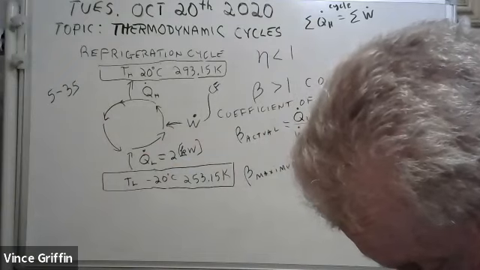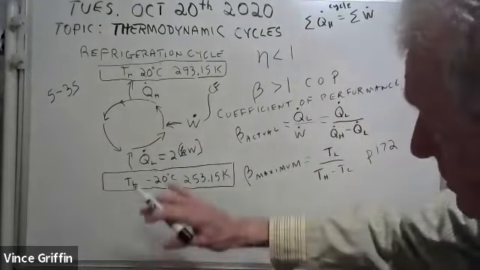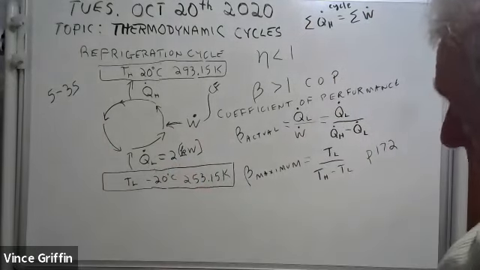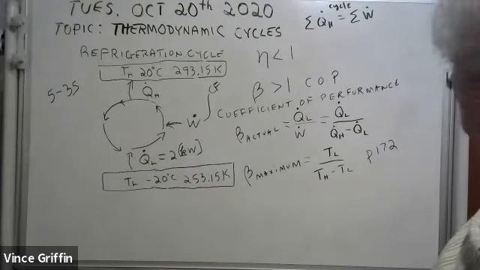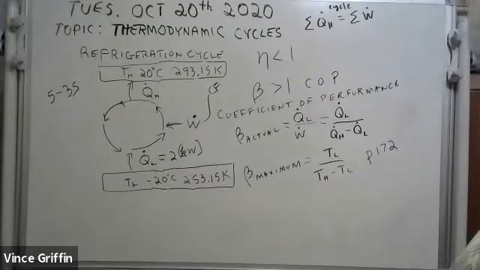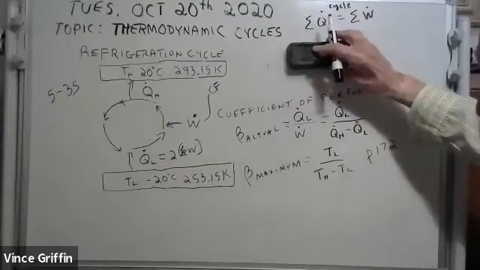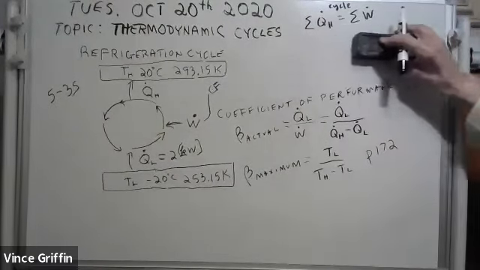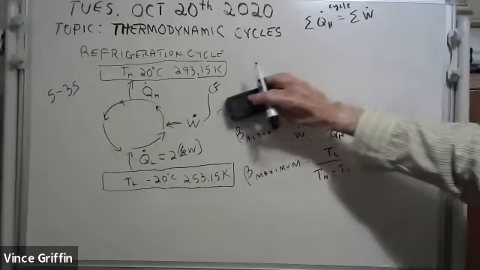Okay. Now they gave us this here. It's 2 kilowatts. Yeah, we know that. So I'm going to write the equation now. Here we go. There's some room right here.